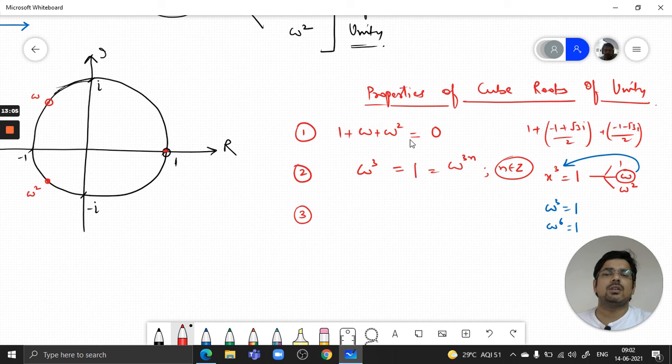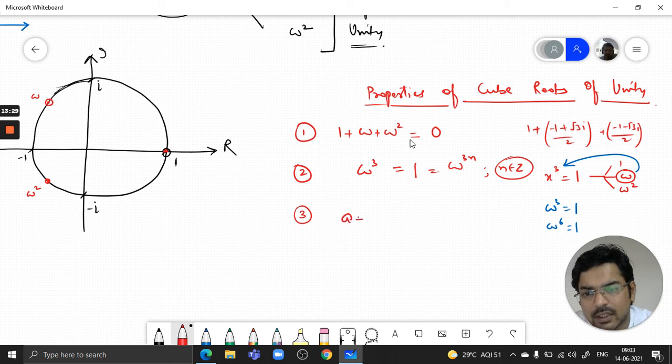And अगर कोई भी integer है तो omega raised to power 3n will be equal to 1. You can put n equal to any integer. Alright, this is the whole concept of it.